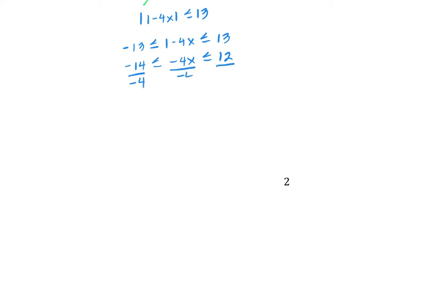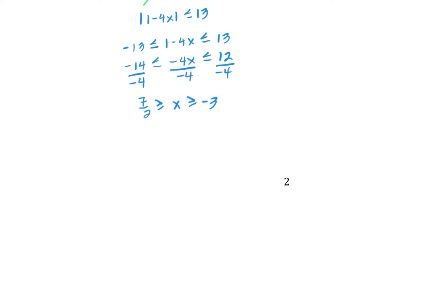So if I were to divide everything by -4, I would have a negative 14 over negative 4, which would simplify to 7 over 2. I have to flip the sign. So instead of less than or equal to, it becomes greater than or equal to x. Flip the sign, greater than or equal to 3. Or I'm sorry, negative 3.